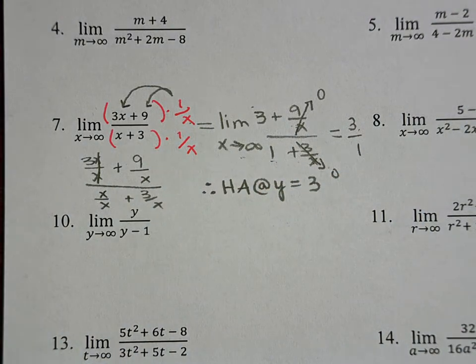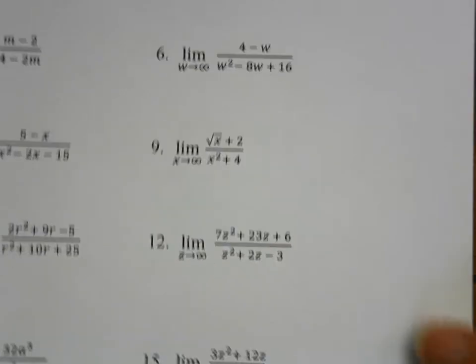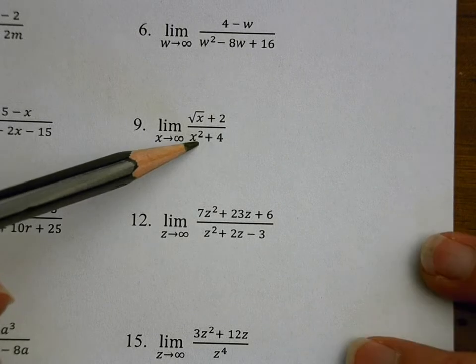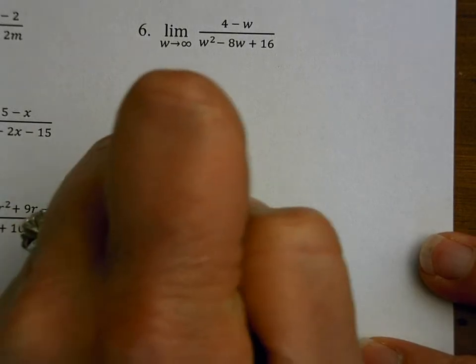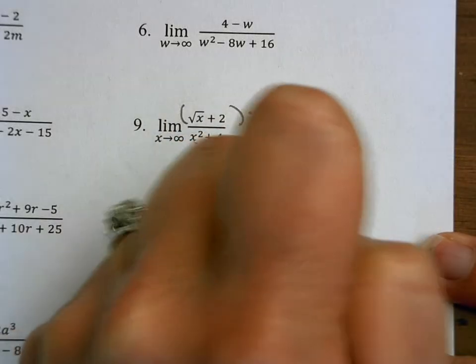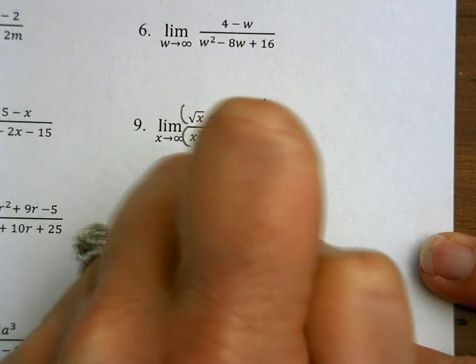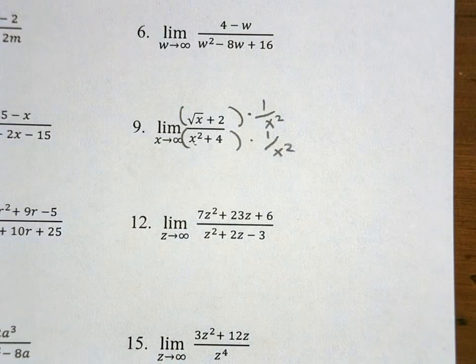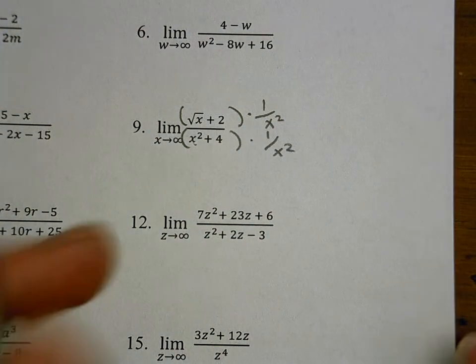Okay. And then let's do one more here. Let's take a look at number 9. My largest degree is 2, so x squared. So I'm going to multiply top and bottom by 1 over x squared, and then I'm going to distribute.